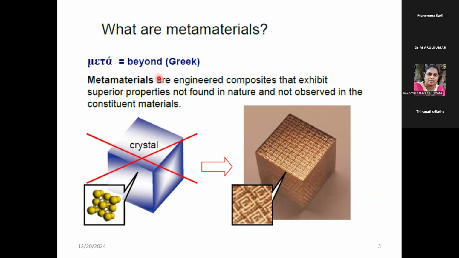Because we are going to get properties beyond. Meta is a Greek word meaning beyond, properties which are not usually found in nature, not observed in the constituent materials. We are going to get those properties. That's why the word meta is used, as in metamaterial.